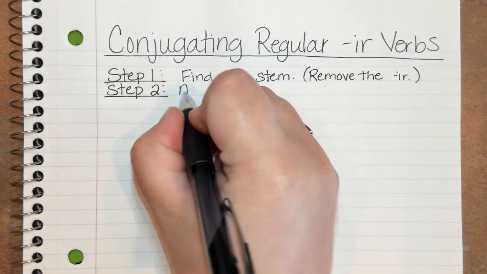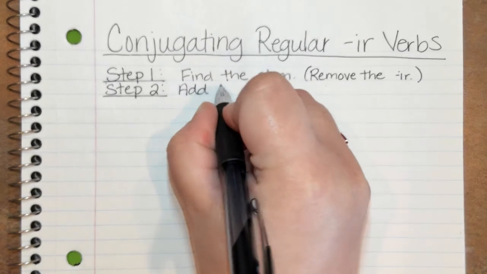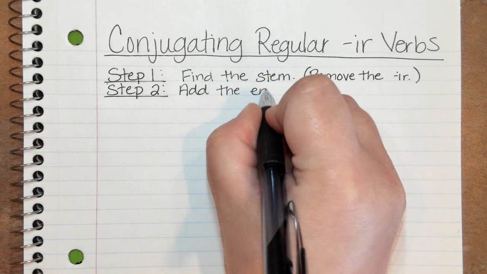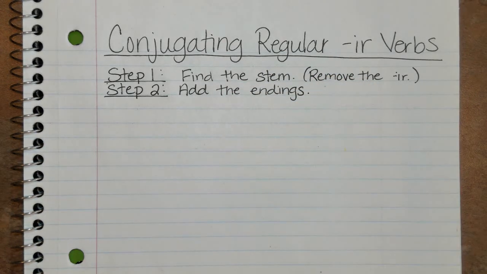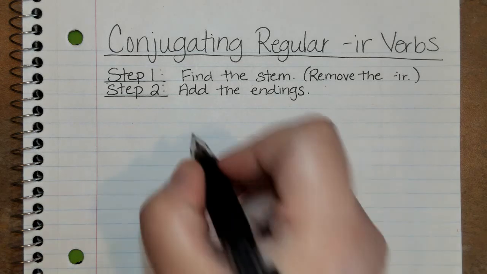Step 2 is that you add the endings. Now, in my opinion, these endings are a little bit more complicated than the endings for ER verbs. They're just a little trickier to remember, but the concept is the same.